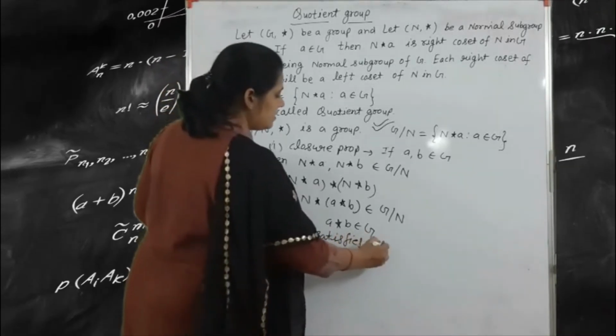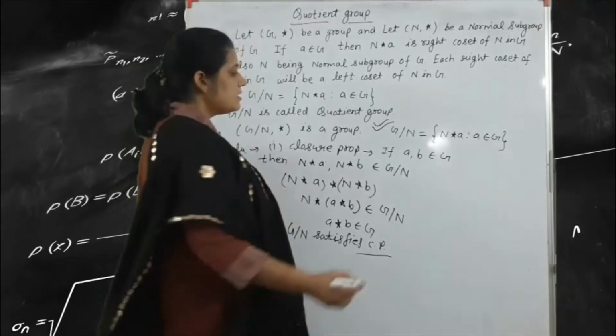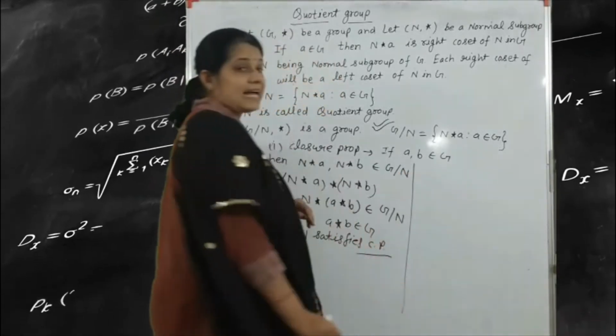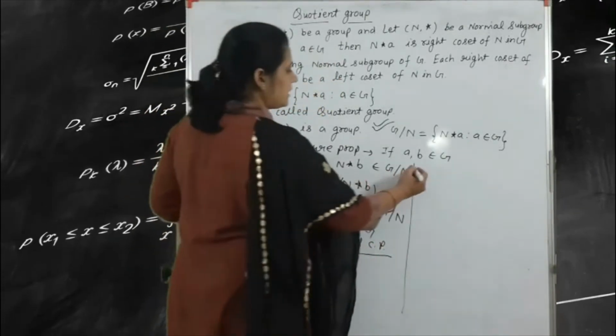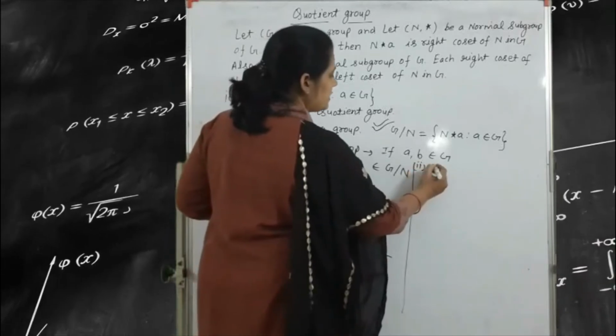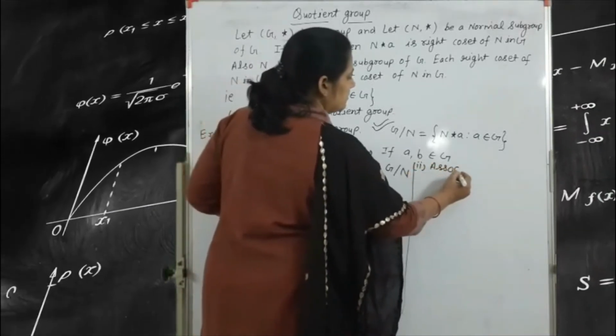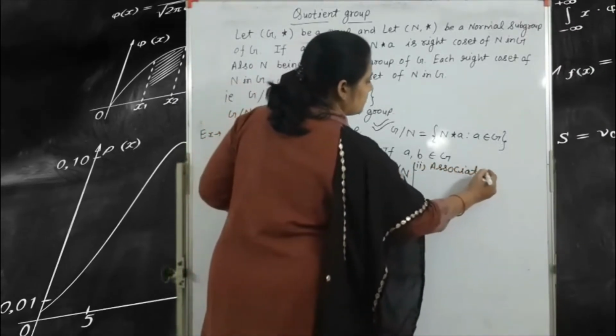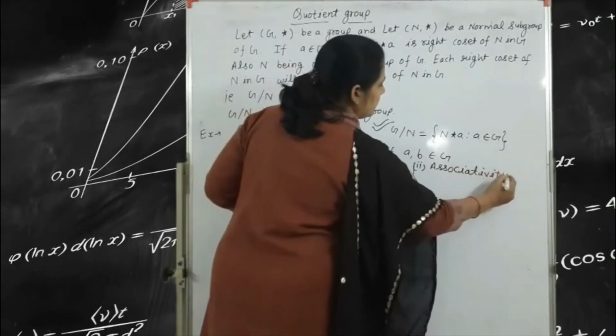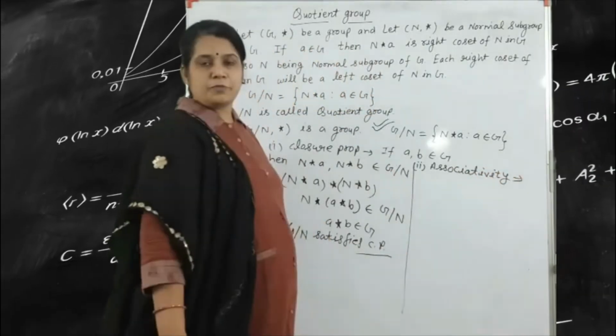the closure property. Okay, second one is the associative property. So what is the associative property?